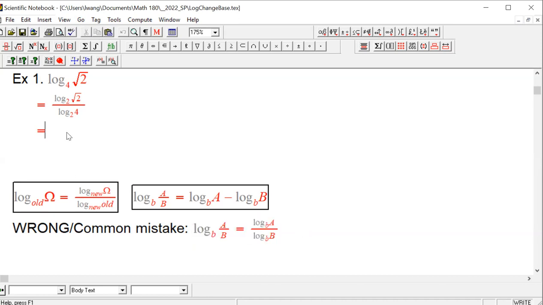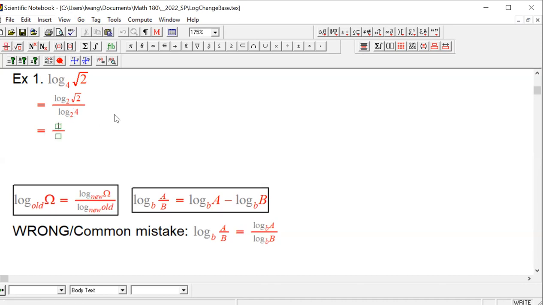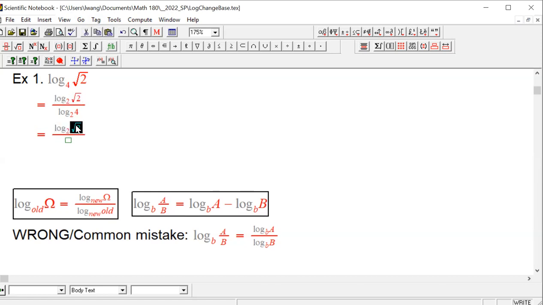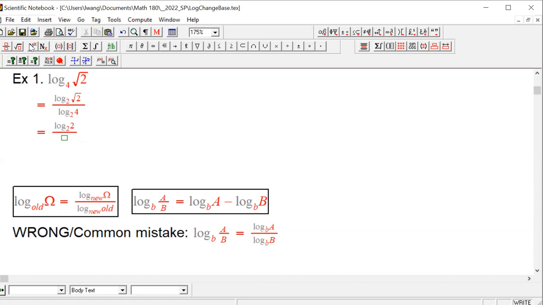Okay, all right. So here we go. And on the top, what do we have? Let's write it one more time. It's log base 2 of square root 2, which is 2 to the power of half.